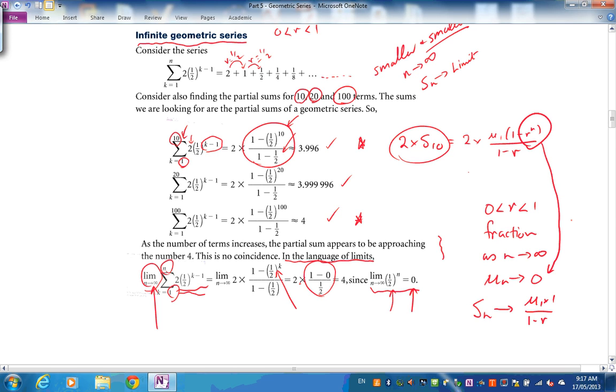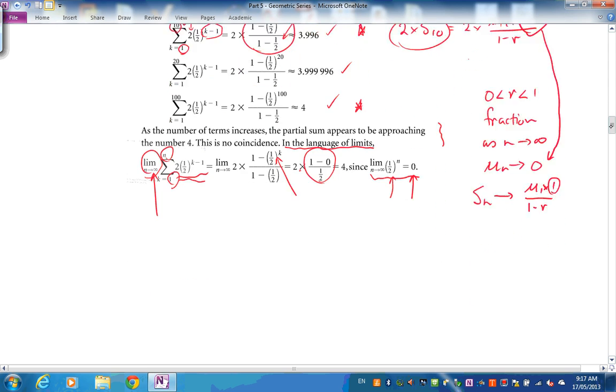So the mu n is going to get smaller and smaller, so it's going to tend to 1 in that bracket. 1 take r to the n will tend to 1, because r to the n will tend to 0. A fraction raised to a bigger and bigger power will tend to disappear, will tend to 0. So that's the idea.